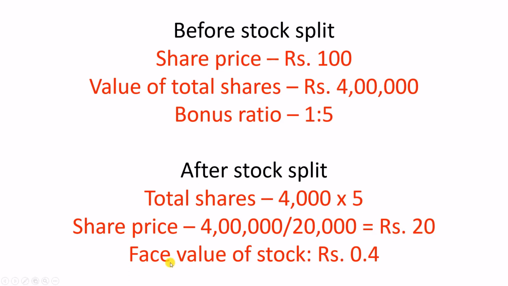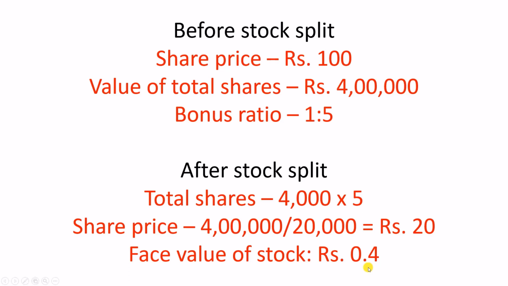But here the face value of the stock also reduces in the same ratio, 1:5. So 2 rupees was the face value, correct? The face value before the stock split was 2 rupees. But after the stock split, it becomes 0.4 rupees.